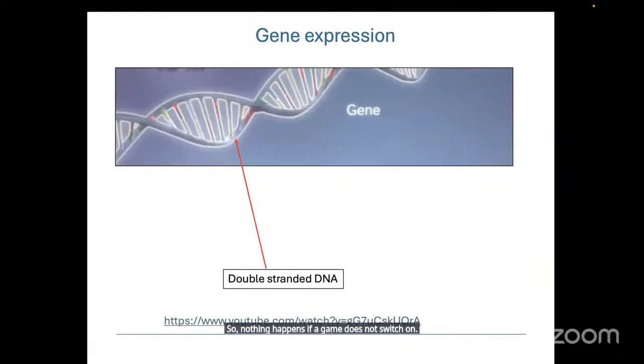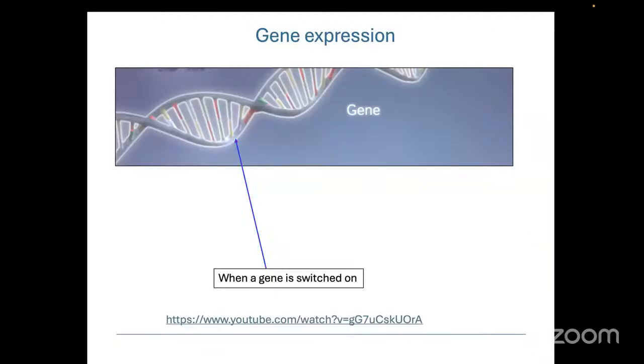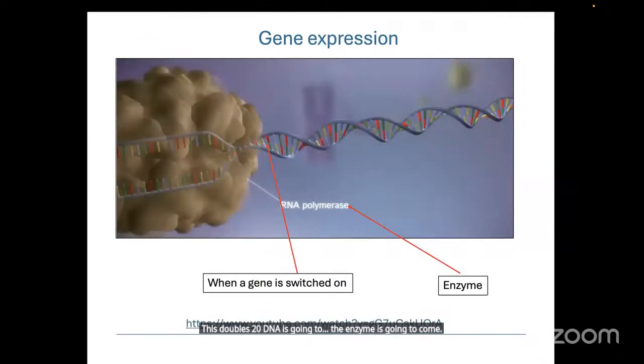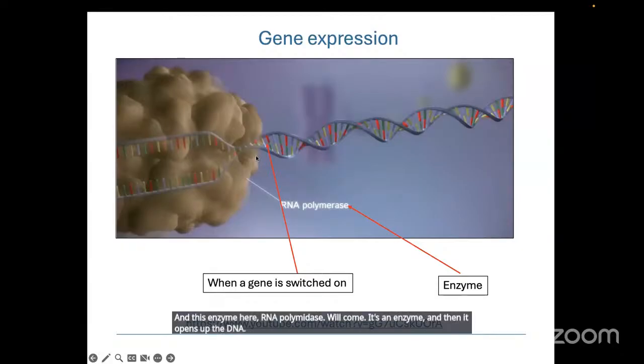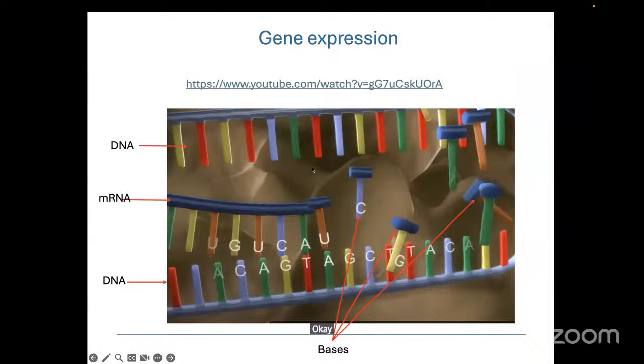But if a gene is switched on, this double-stranded DNA is opened up by an enzyme. This enzyme, RNA polymerase, will come, and it opens up the DNA. These are floating bases just in the nucleus.